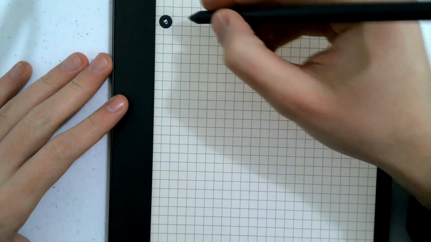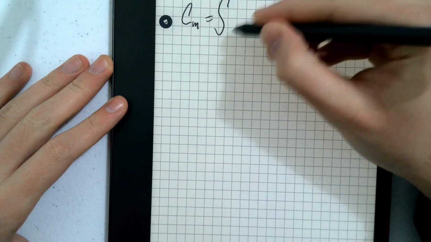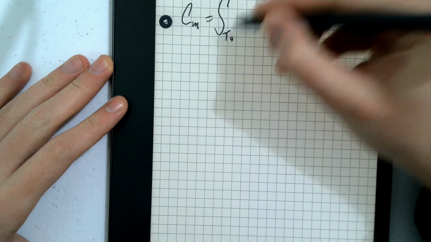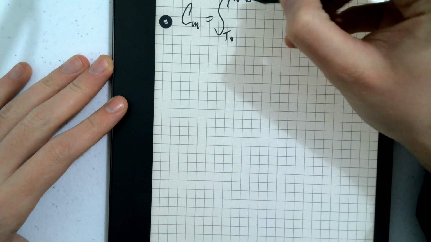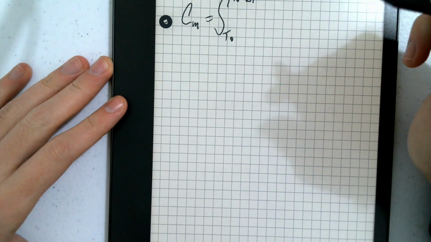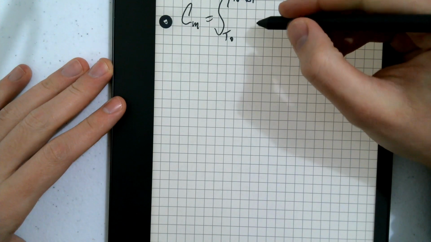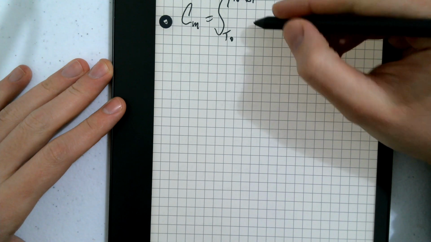But if we do the math here, then we can figure out, so coefficient sub m is equal to the integral from t naught to t naught plus delta big T of the only term that will actually matter after we average this out using the integral, which is the term with the correct frequency. The other terms will pretty much cancel out. We'll have a little bit of noise left.